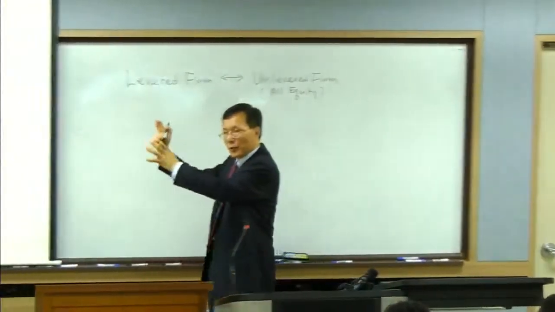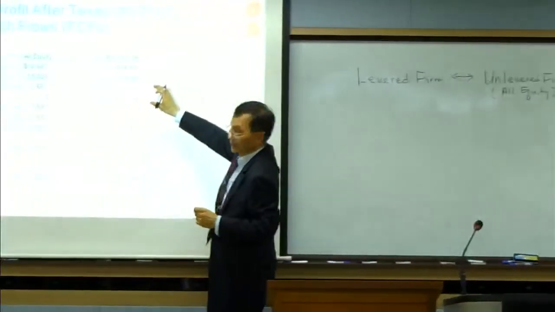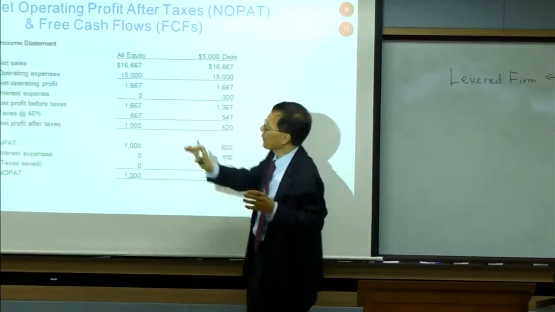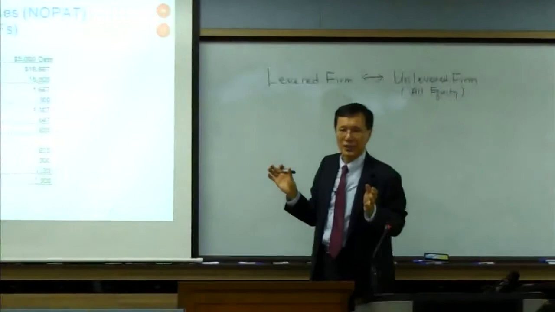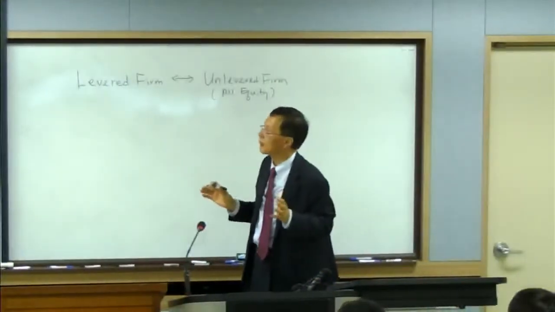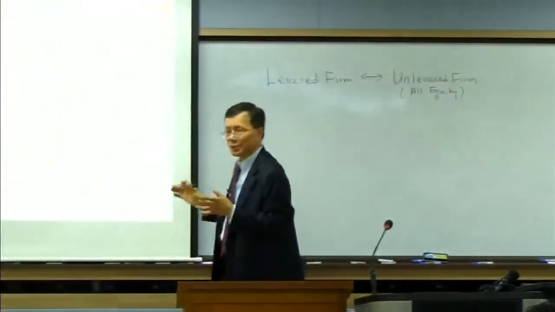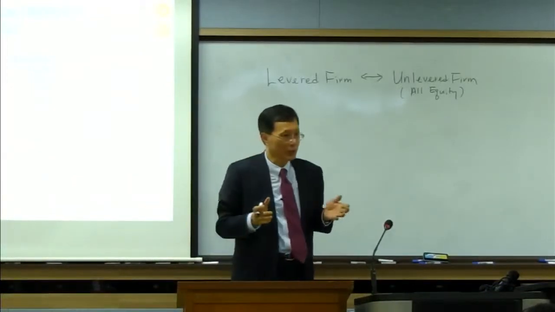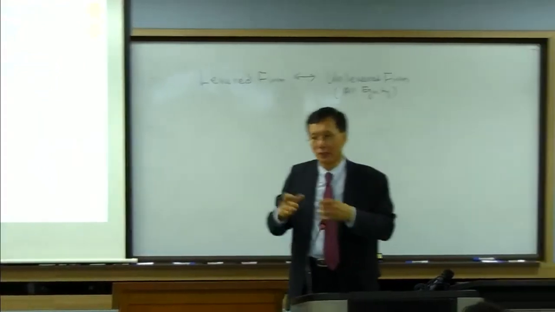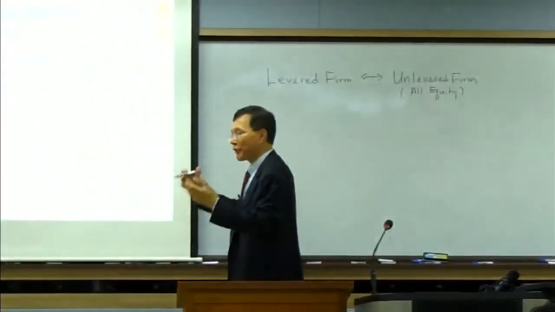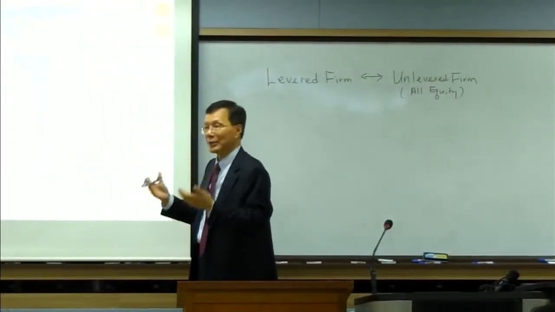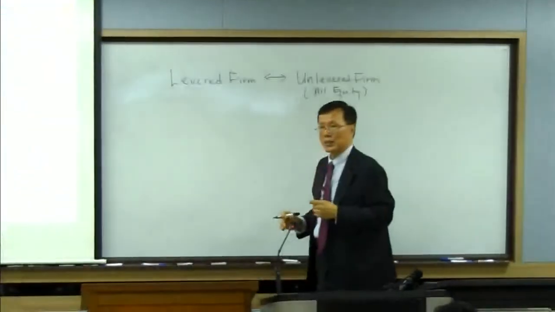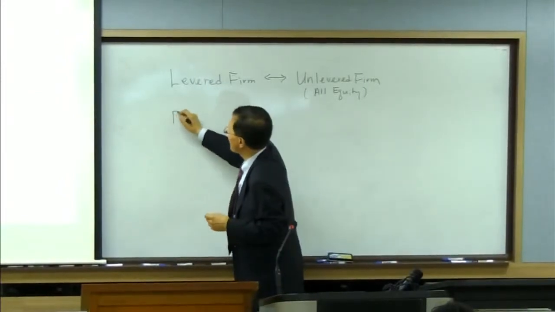Both companies are identical, so their net sales are the same, 16,667. And operating expenses, including cost of goods sold, general selling and administrative expenses, all the expenses needed to operate the company, are 15,000. That includes something called depreciation.